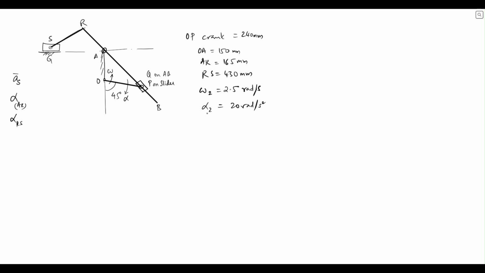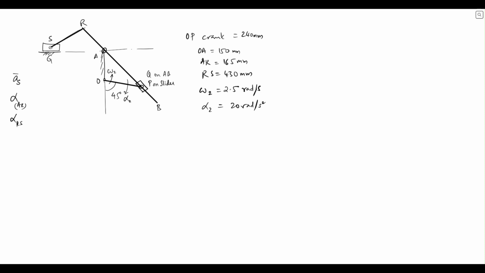Note that when I mention alpha 2 is 20 radians per second squared, it is at this instant that we are considering alpha to be 20 radians per second squared. And we are trying to find the remaining quantities when omega 2 for this system has become 2.5 radians per second.